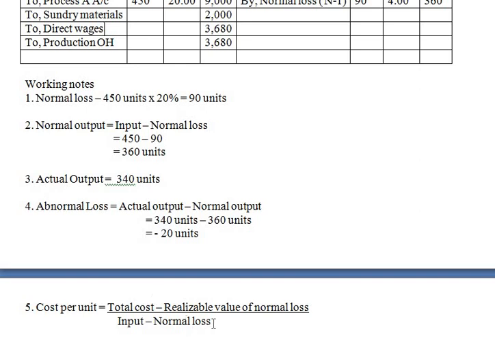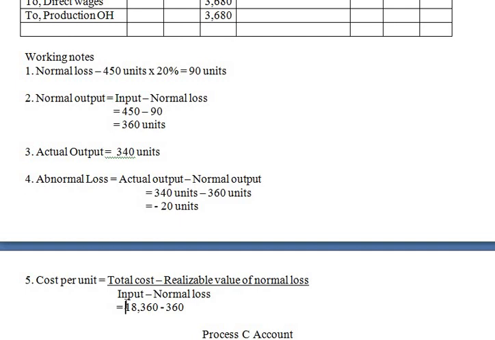We are not going to close this account. Just roughly we need to find out how much is the total cost of process B. So total cost of process B is 18,360. Roughly we are closing it, 18,360 minus realizable value of normal loss is 360.